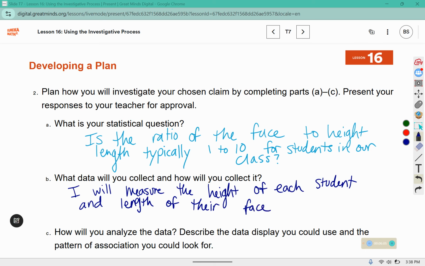And I'm going to measure both of those in inches. And we'll round to the nearest half of an inch.